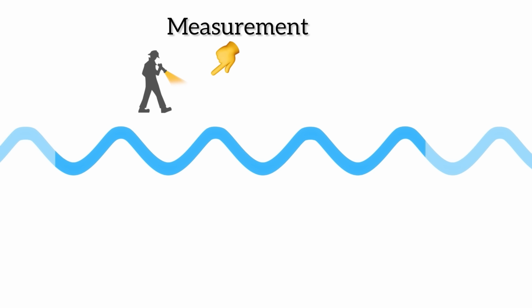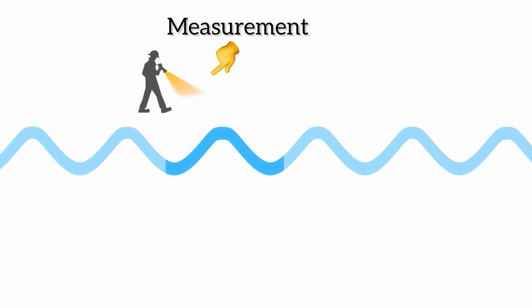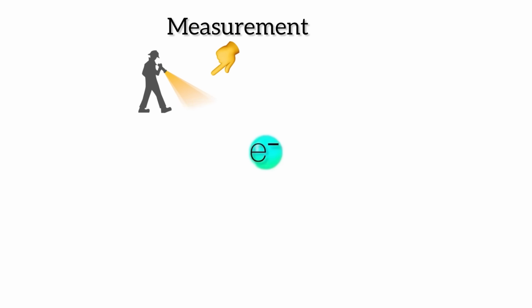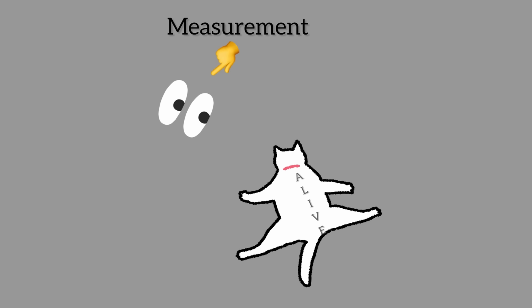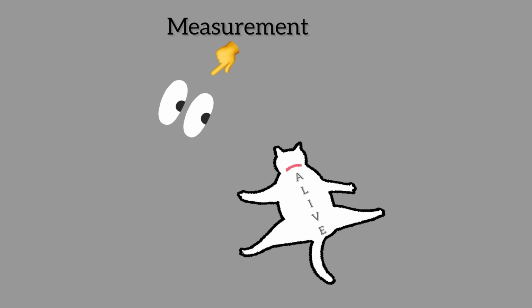To know the position or orientation of this wave, we need to measure it. But the moment we place the electron wave under measurement, it snaps into its particle form. Only in this particle form can we be certain of the position or orientation of the electron. Measurement is similar to saying, only when we look inside the box can we tell if the cat is dead or alive.